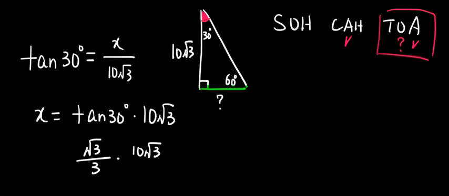Okay, so square root 3 over 3 times 10 square root 3. This is what you do. Leave the 3 here. Square root 3 times square root 3 is 3.